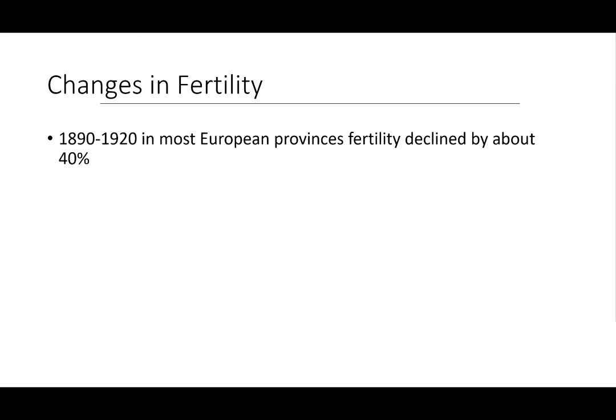So we've seen these changes in fertility, and one of the things I find so fascinating about this is that the countries that went into this industrialization and the demographic transition earlier did so before there really was good birth control. For example, in most European provinces, fertility declined by about 40% between 1890 and 1920.